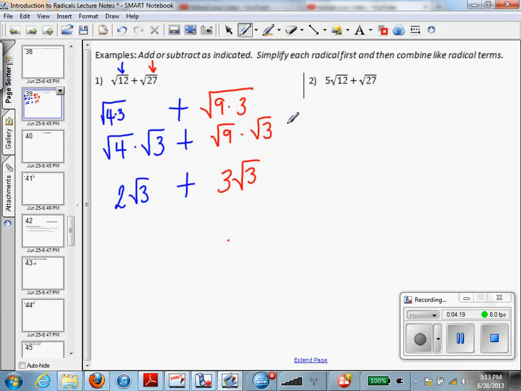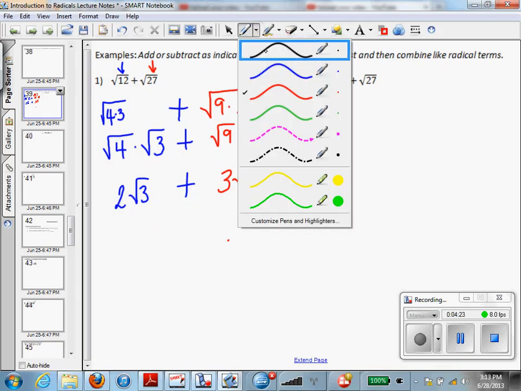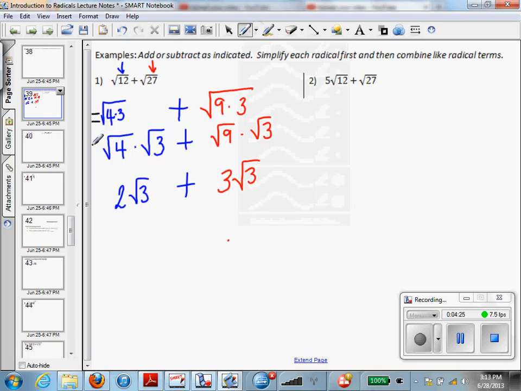And we're going to leave our 3 in the radical because it cannot simplify any further. Now if you look at these, they share the same like term of radical 3, so these can combine together. The coefficients of 2 and 3 give 5 square root of 3.